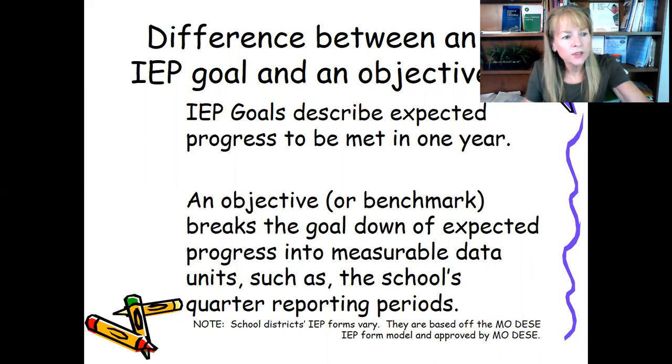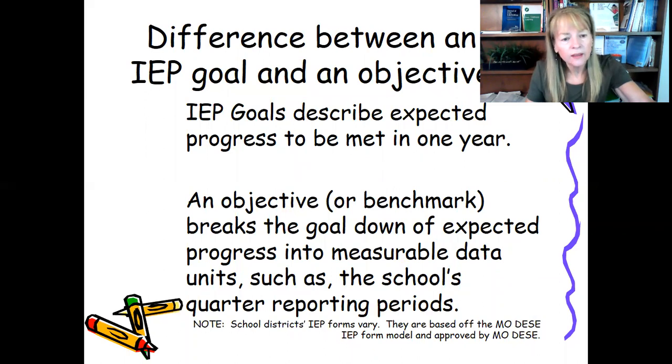We write objectives to break that time period down into feasible reporting periods, typically thinking with the school's quarterly report card. If the student is not meeting the objective in a quarter period, we need to call the IEP team together and ask why, and to consider amending the IEP.